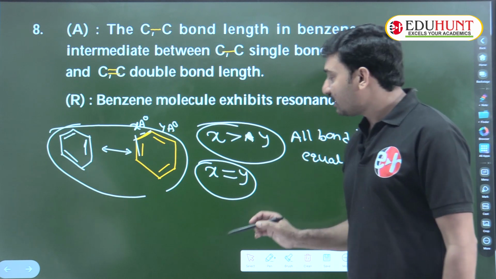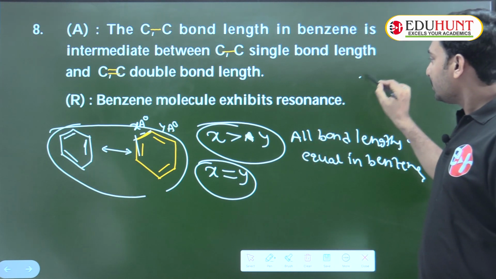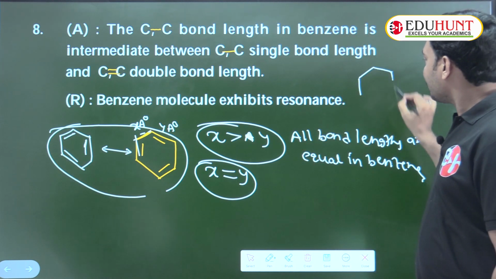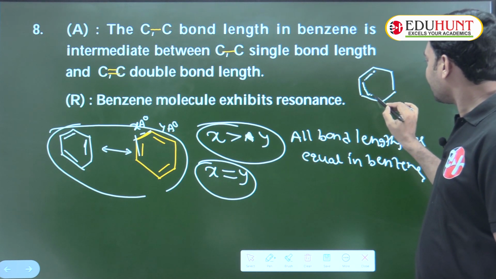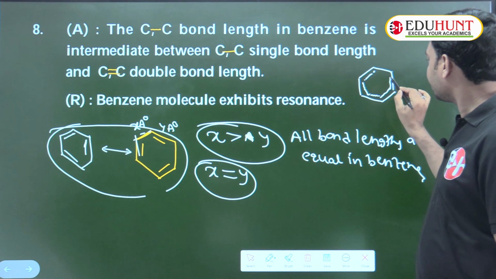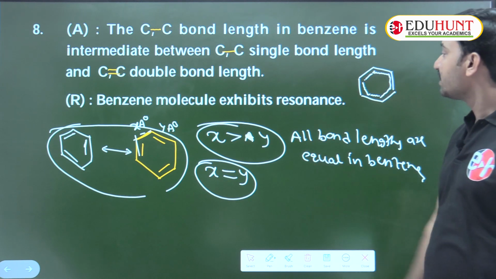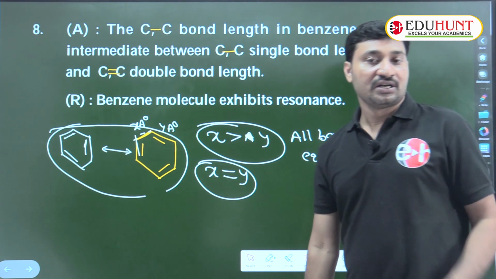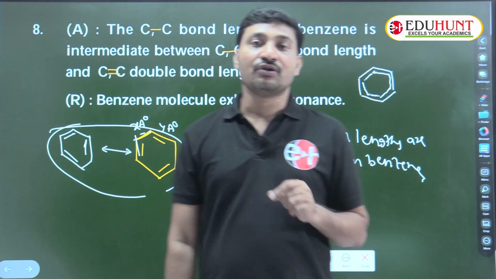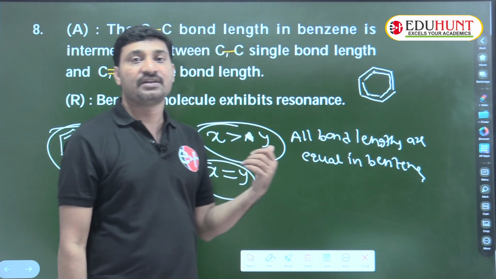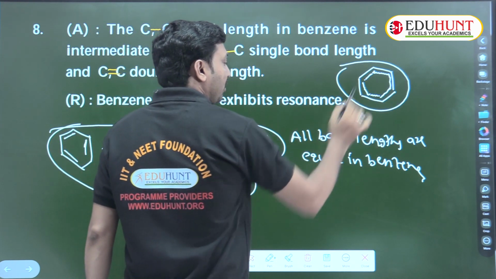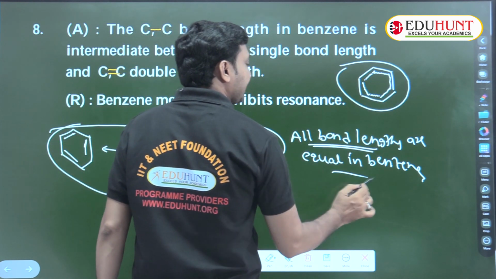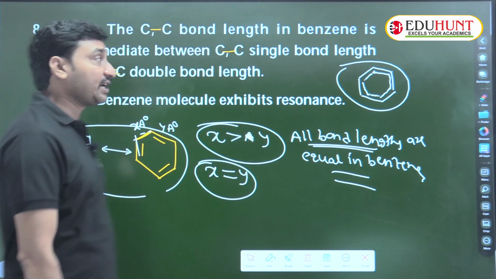We have to say benzene has partial double bond character. All are partial double bond character. No pure single bond and no pure double bond. That's why in benzene all bond lengths are equal, right?